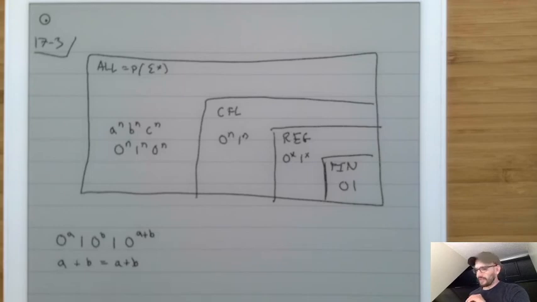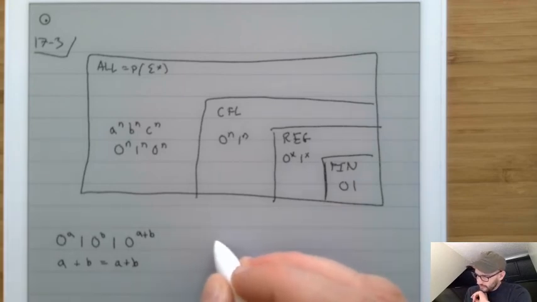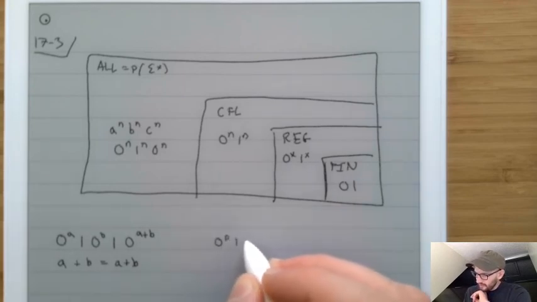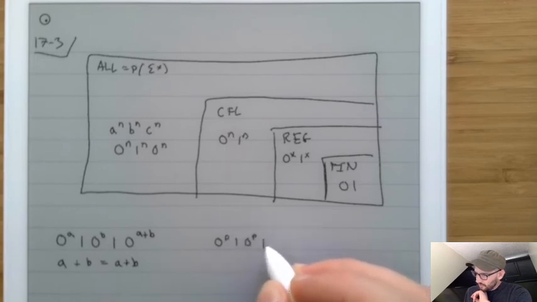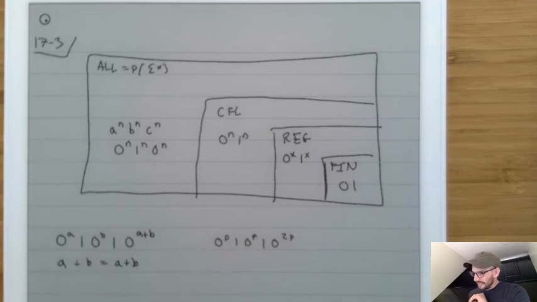And the reason why it's not context-free is that we can choose the string 0^p 1 0^p 1 0^(2p). And the problem is that we cannot make it so that we straddle both sides of the gap and increase things, because we might be able to increase on one side, but we're not able to increase on the other side.